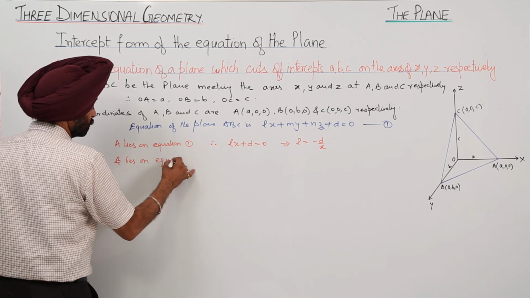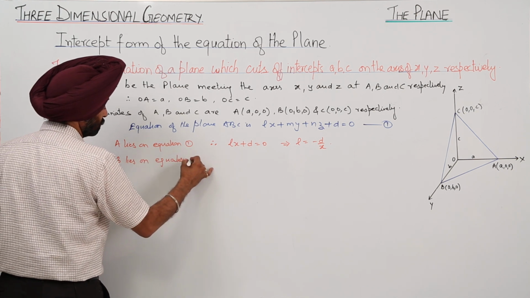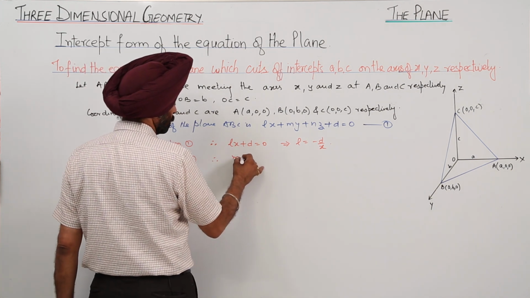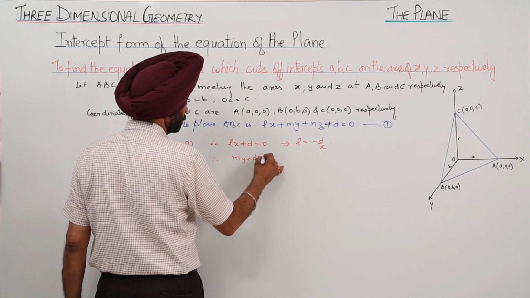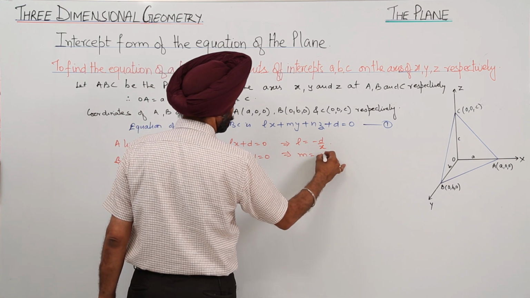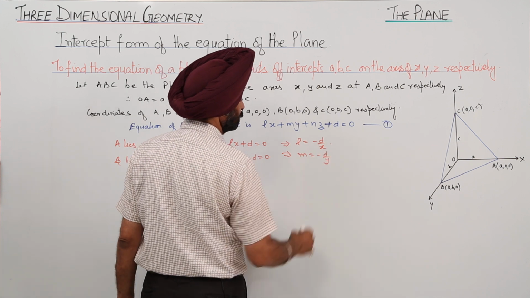B lies on equation 1. Therefore, Mb plus D is equal to 0, and this implies M is equal to minus D upon b.